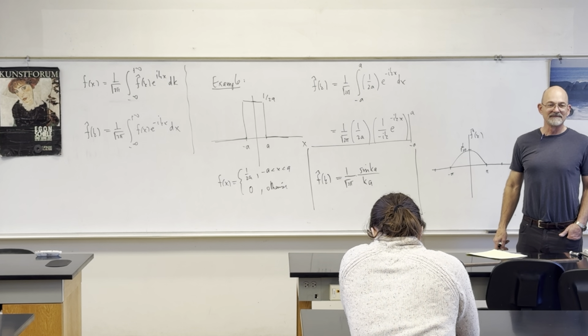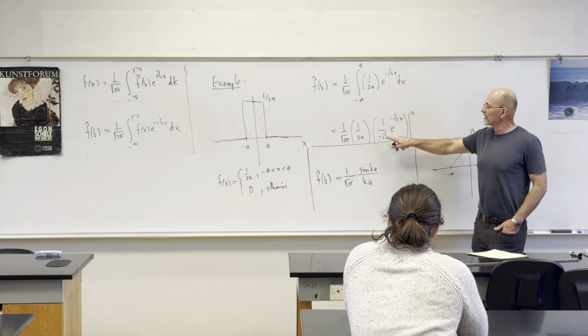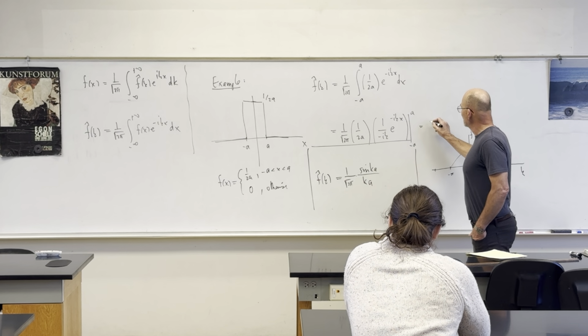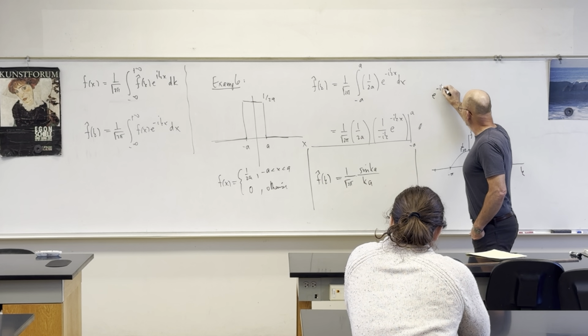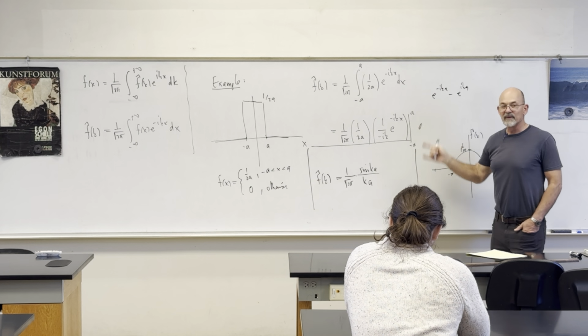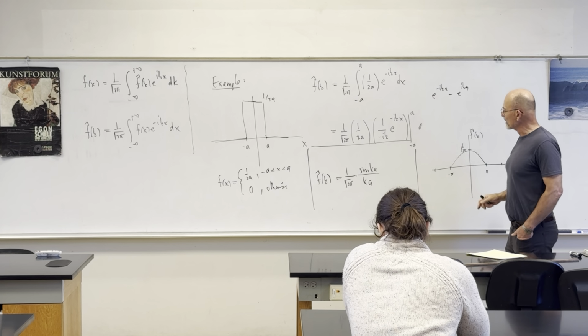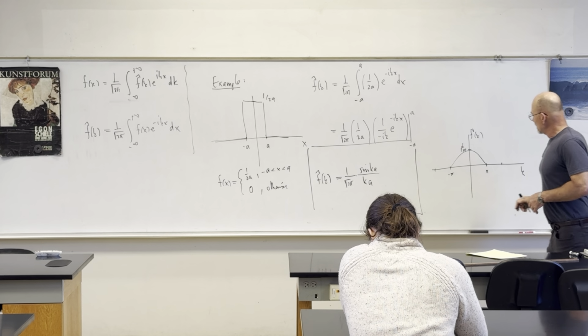I just erased it. The negative sign was absorbed when I wrote that because I had this e to the negative ika minus e to the ika, and I flipped those around to get the imaginary part. So yeah, we got that.